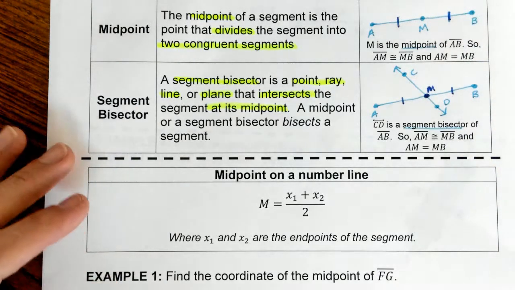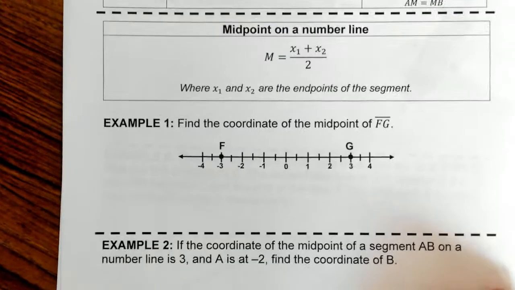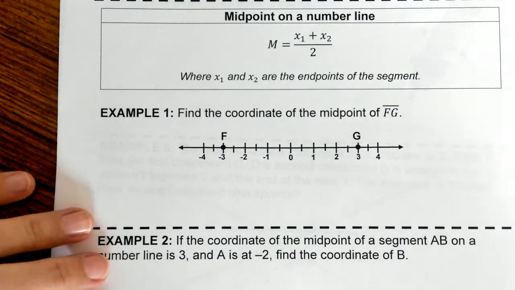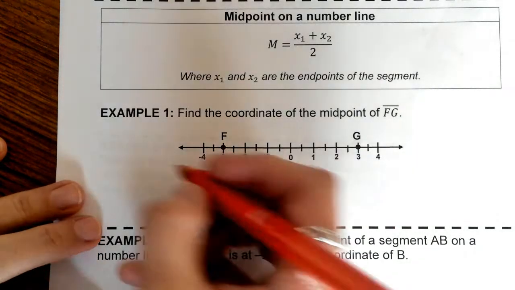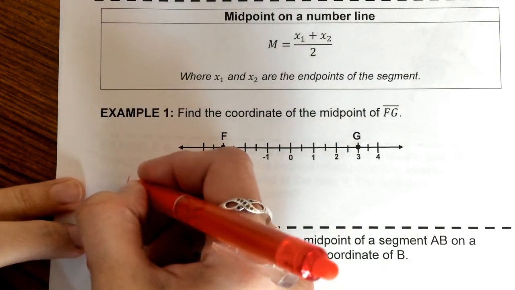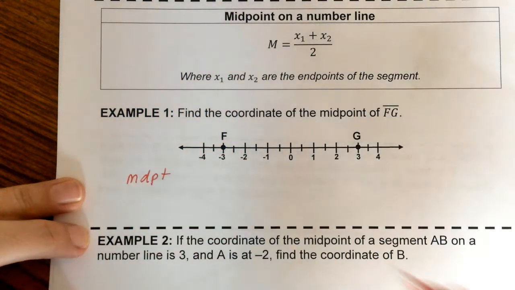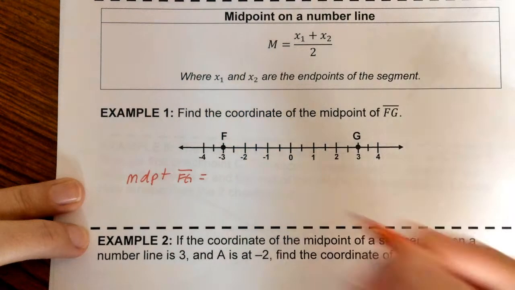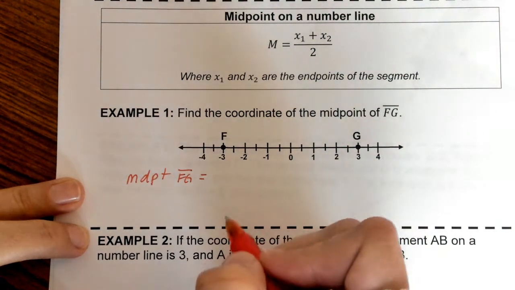is going to be your midpoint. Now, your midpoint on a number line is simply taking your two coordinates, adding them together, and dividing by 2. That's it. So we find the coordinates of the midpoint of FG. You're going to be introduced to what they call M, the abbreviation for midpoint. Your midpoint of segment FG is going to be equal to, well, we need to figure out our coordinates.